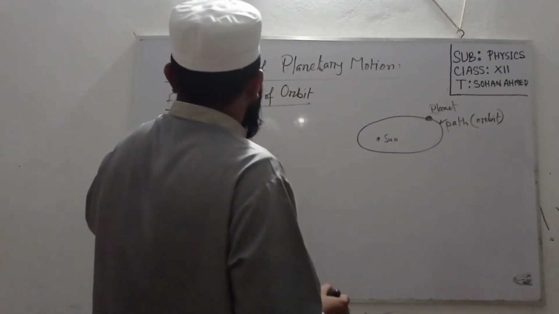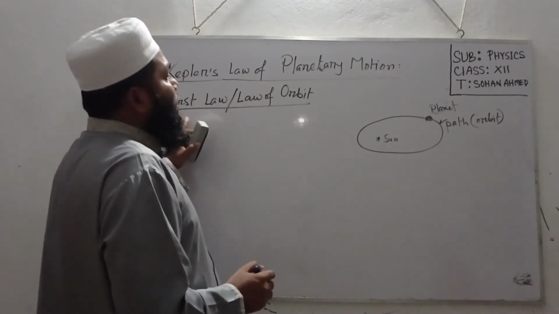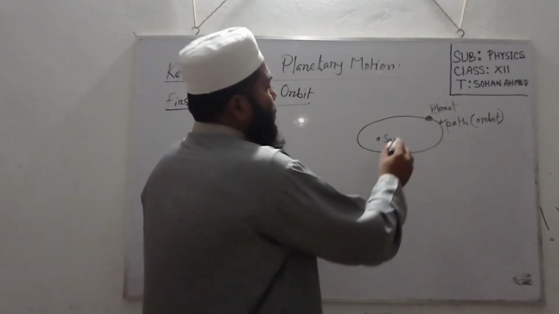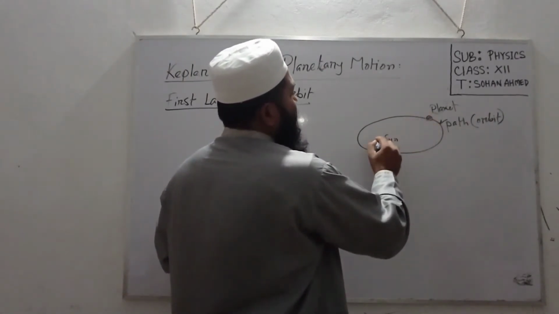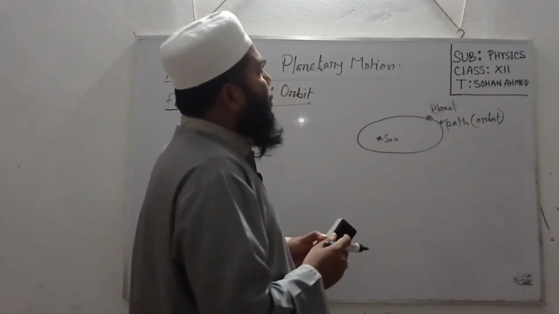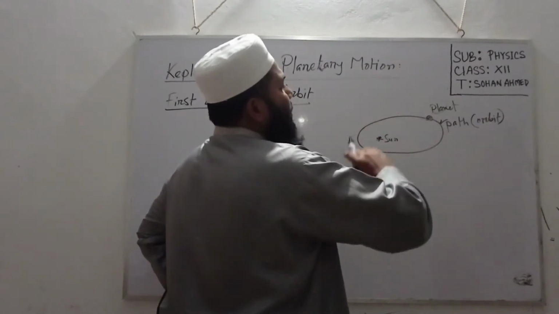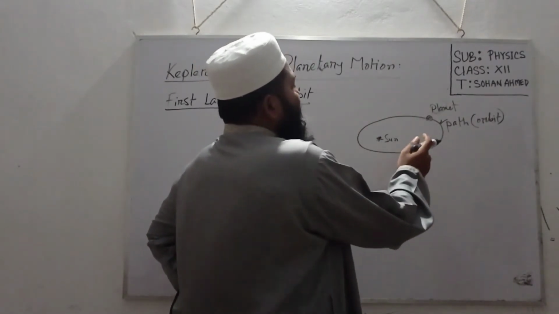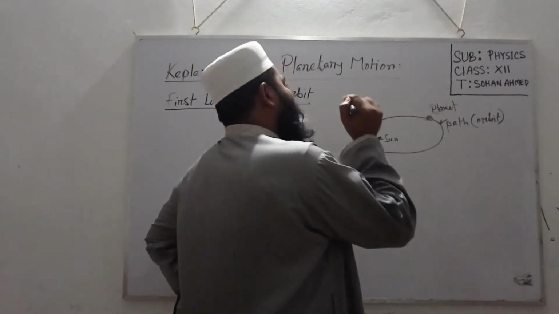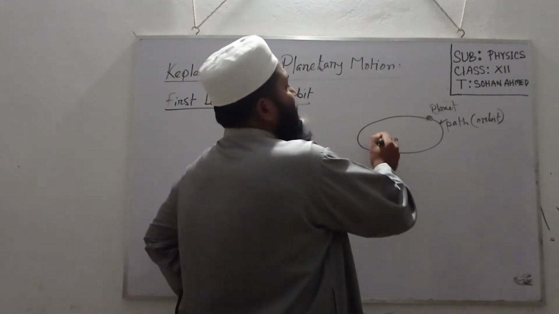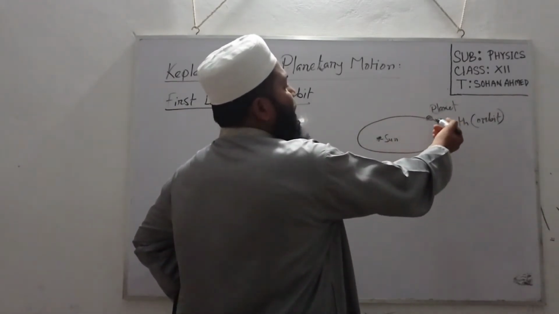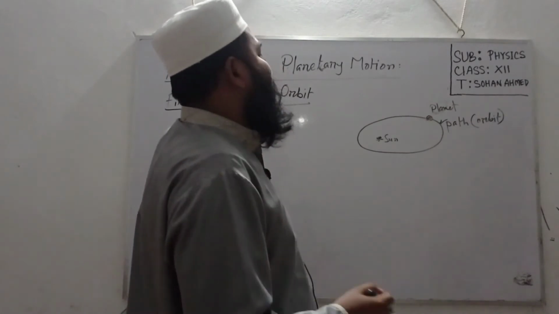Okay, dear students, according to Kepler's first law, all planets move around the Sun, keeping the Sun as a focus, along the elliptical orbit.